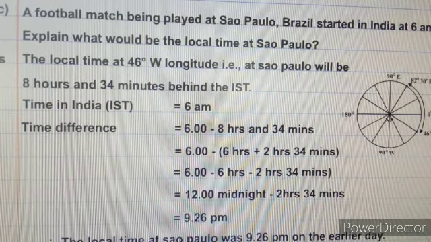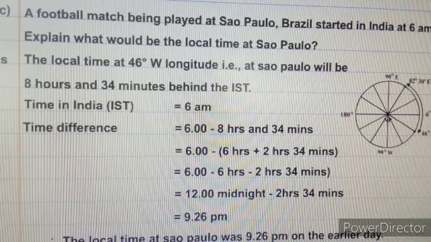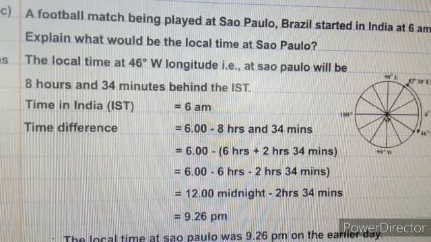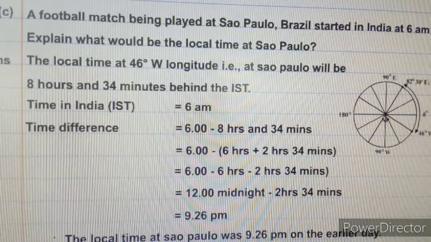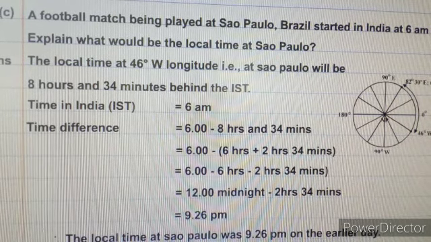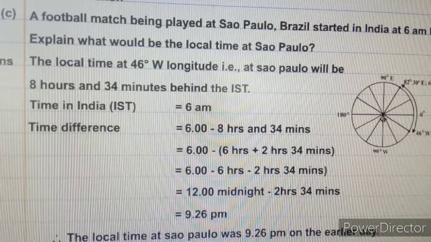The local time at 46 degree west longitude, that is at Sao Paulo, will be 8 hours and 34 minutes behind the IST time in India, which is equal to 6 am.